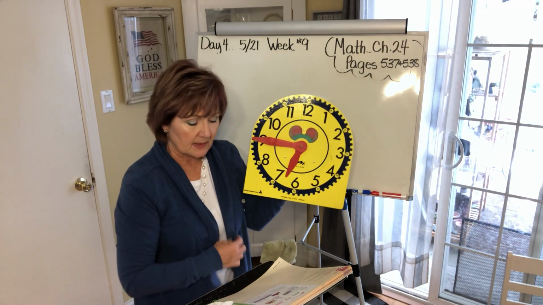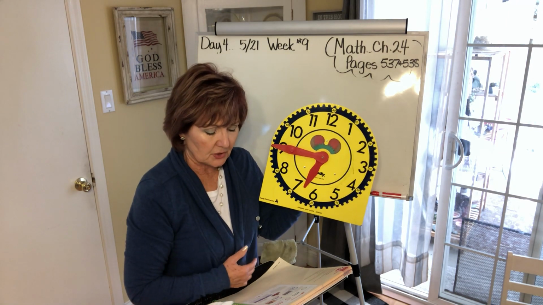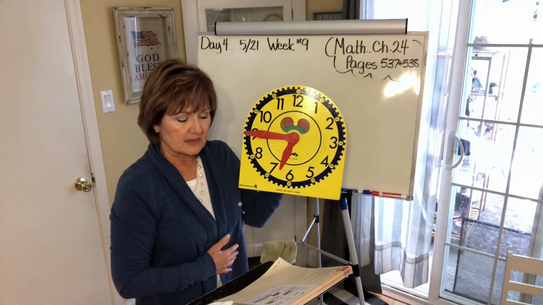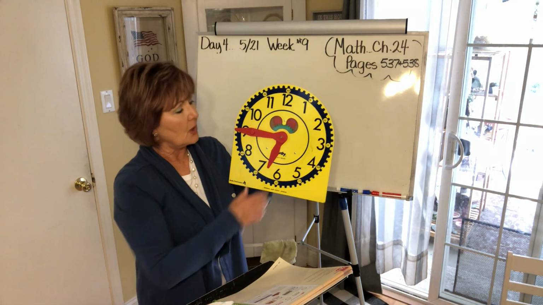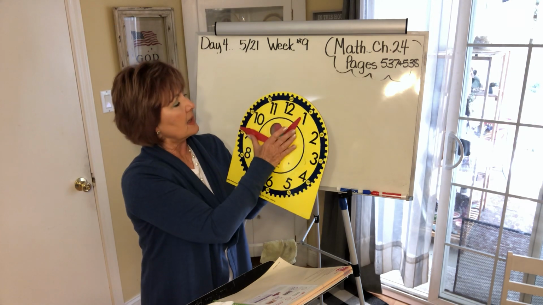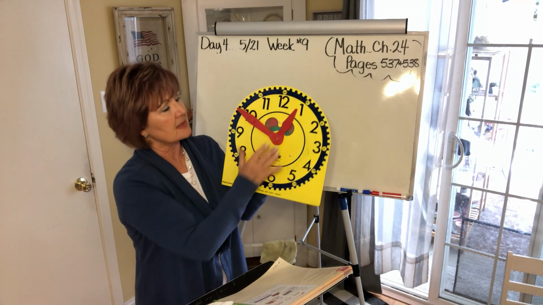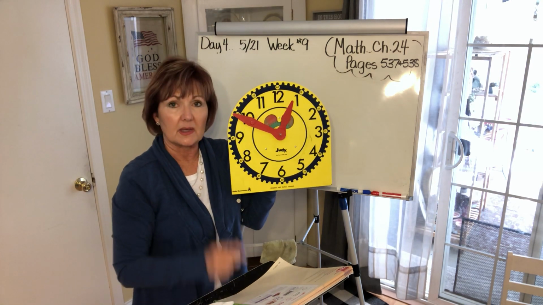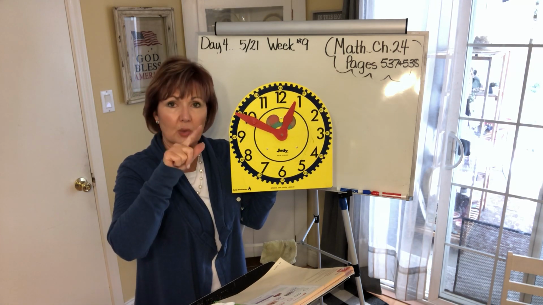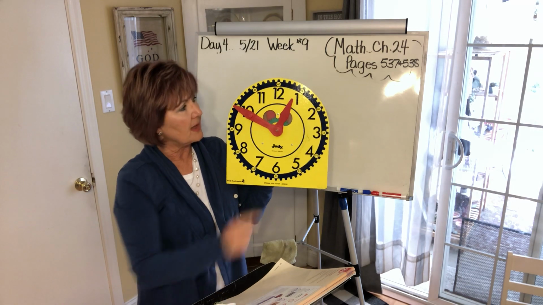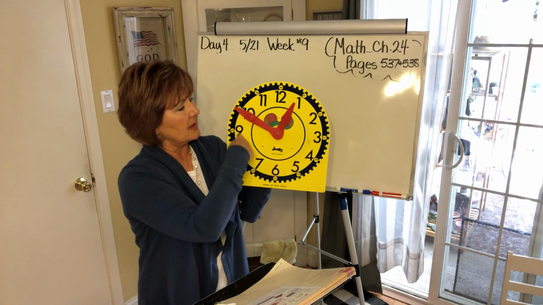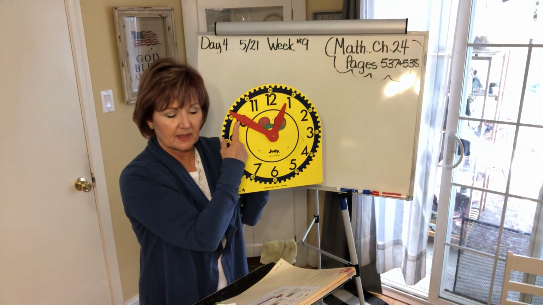Okay, now look at number 2. It says it's 50 minutes after 12. Well, how do we write 50 minutes after 12 in the clock? We write 12:50. 50 minutes after 12 is 12:50.